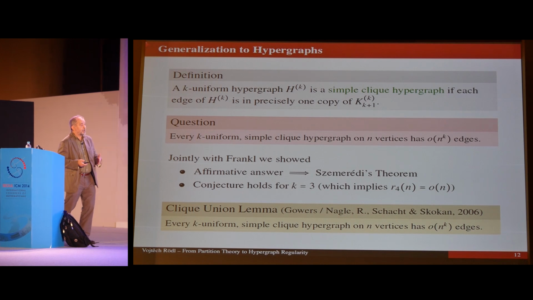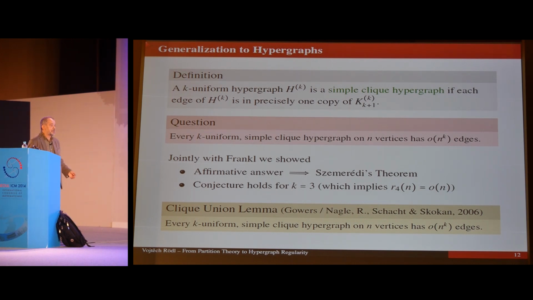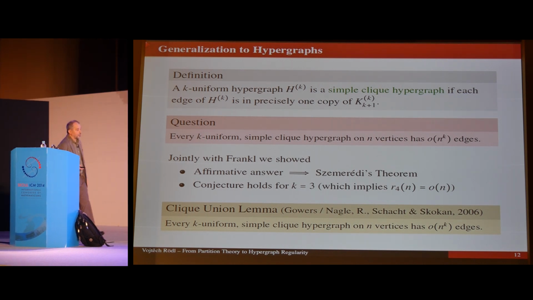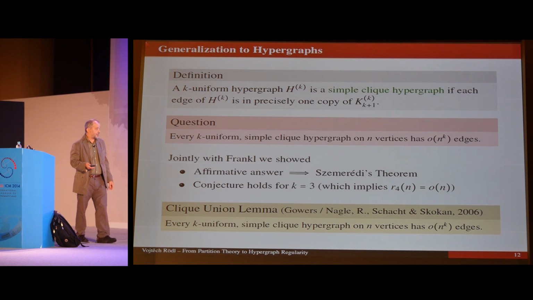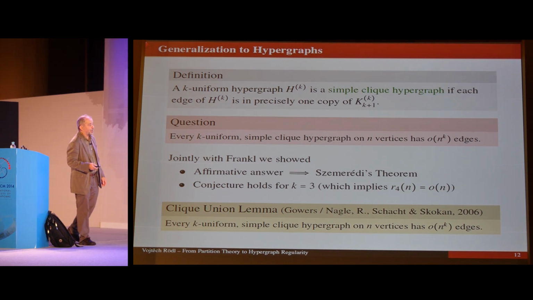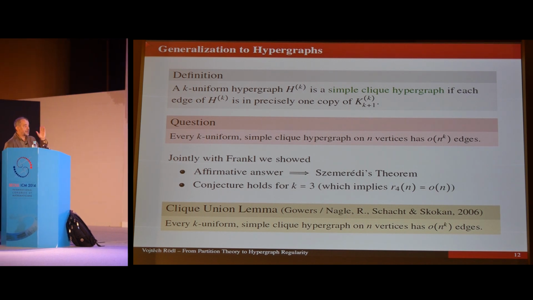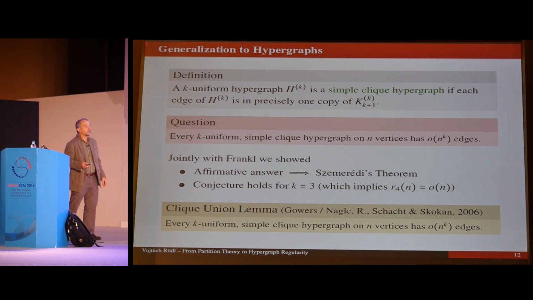And finally, Tim Gowers and my students, Nagle, Schacht, Skokan, and me, were able to verify that conjecture in general and prove that every k-uniform simple clique hypergraph on n vertices has little o of n to the k edges. And I will refer to it in future as the clique union lemma.